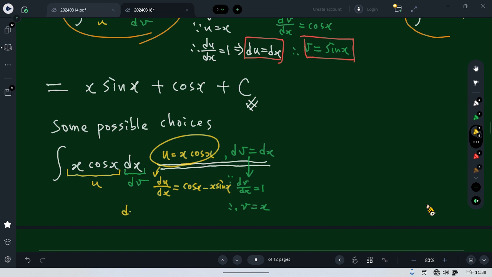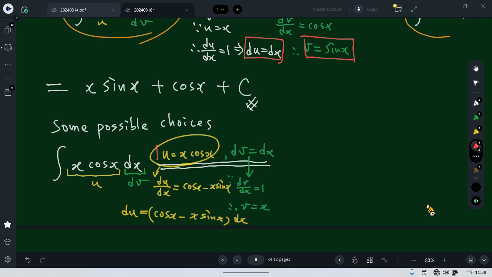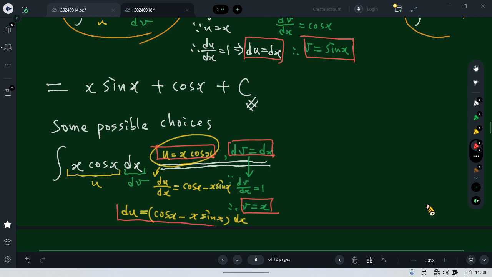Then du will become cosine x minus x sine x, then dx. So again, you also have 4 elements. Element 1, element 2, element 3, then element 4. Then you can try to follow the integration by parts.